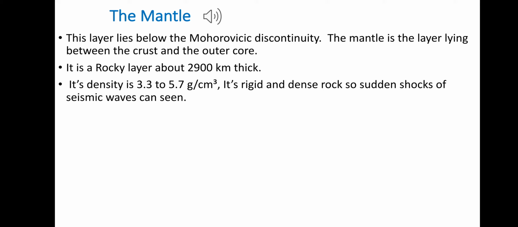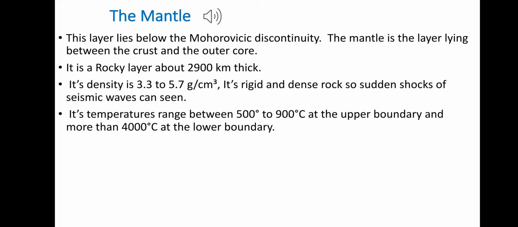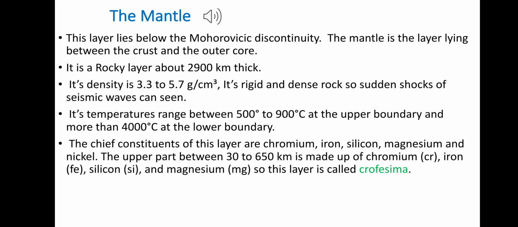Its temperature ranges between 500 to 900 degrees centigrade at the upper boundary, near the crust, and more than 4000 degrees centigrade at the lower boundary, near the core. The chief constituents of this layer are chromium, iron, silicon, magnesium and nickel.